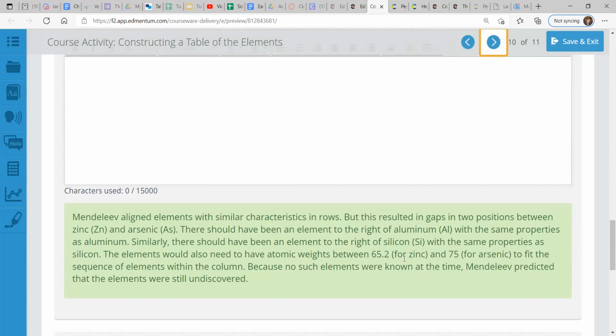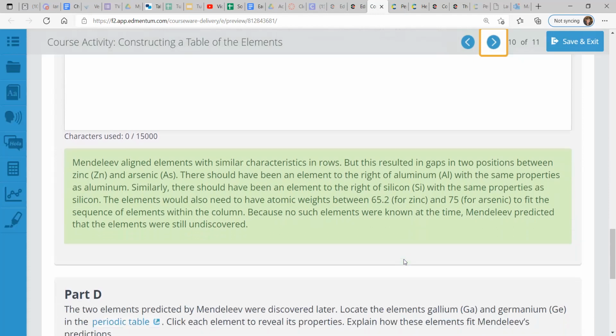The elements would also need to have atomic weights between 65.2, which is zinc's, and 75 for arsenic, to fit the sequence of elements within the column. Because no such elements were known at the time, he predicted that elements were bound to be discovered later on that fit these descriptions.